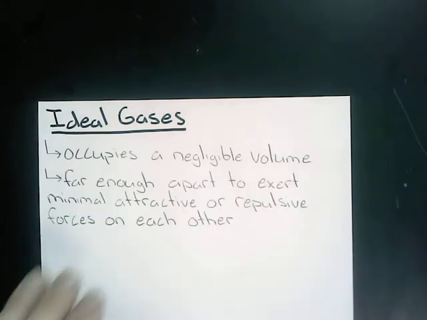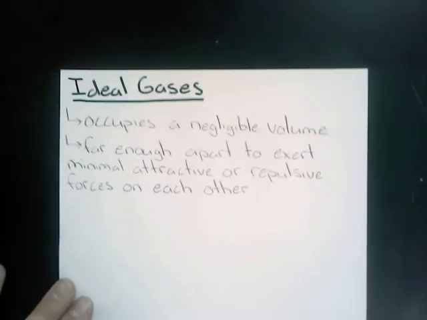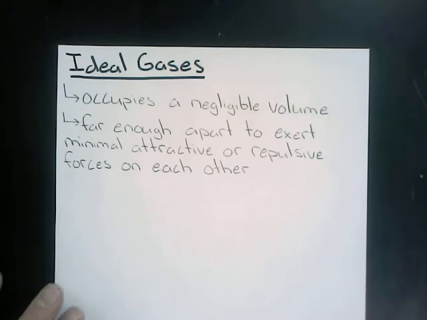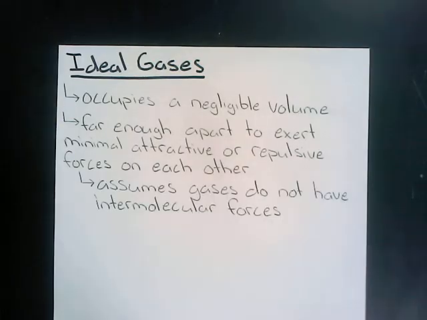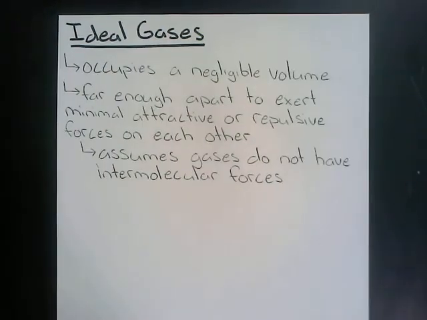And so with an ideal gas, to go a little bit further on this point, we're going to assume that gases do not have intermolecular forces. And so if we put all of that together, with an ideal gas, they're going to follow the gas laws under all conditions of temperature and pressure.